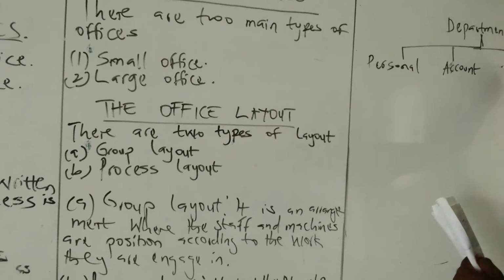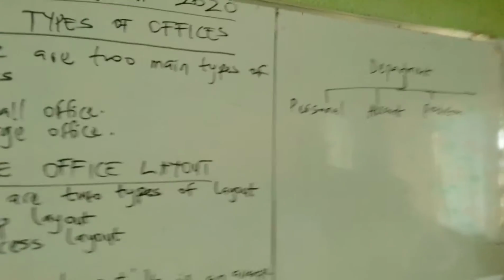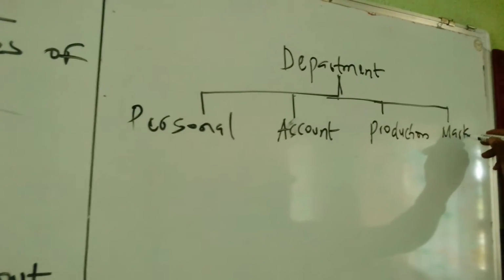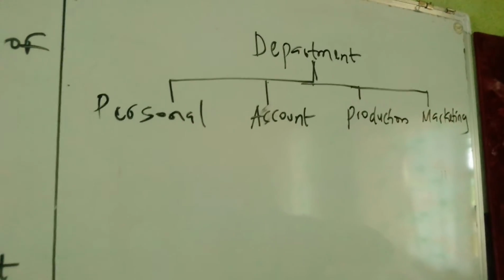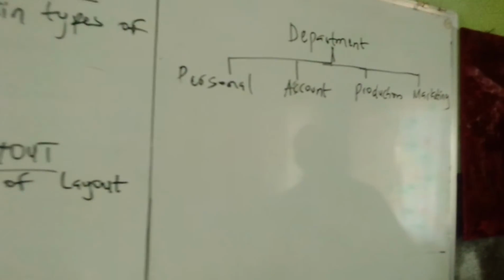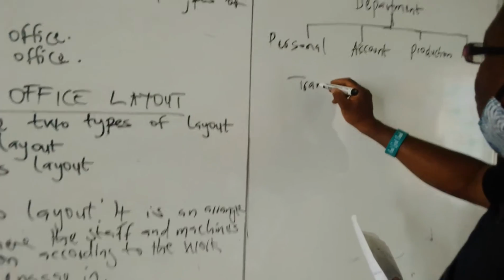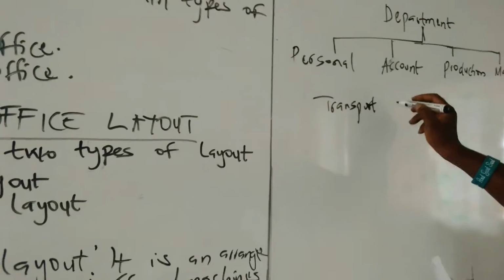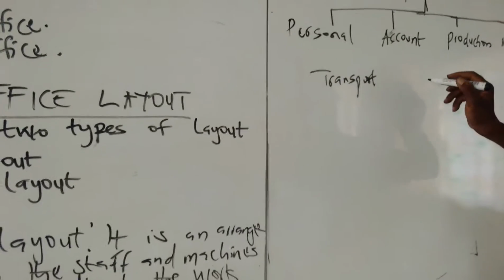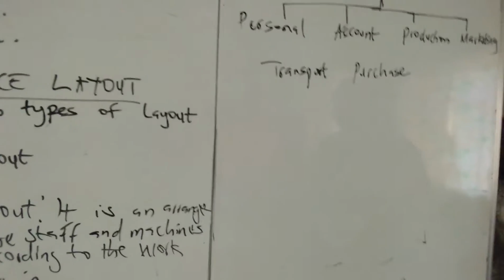We have the production, the marketing, the transport department, and the purchase department. These are some of the departments.